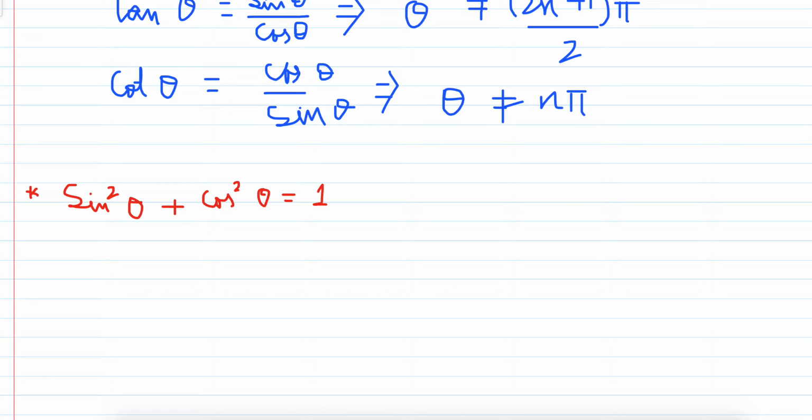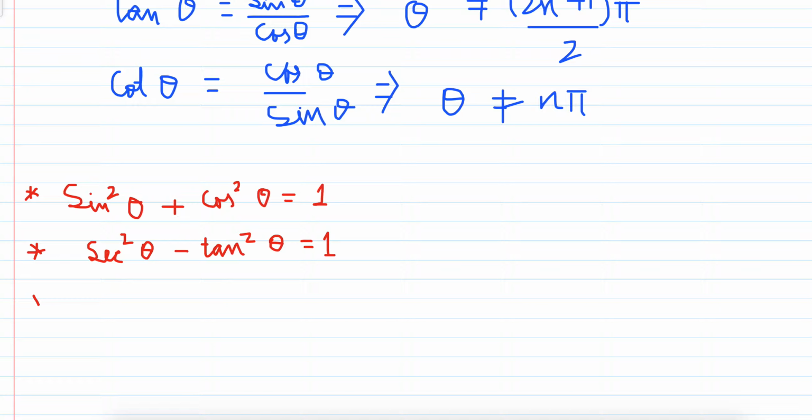There are other results which can be proved in a similar way, which you should remember. Another one is sec square theta minus tan square theta. This is also equal to 1.